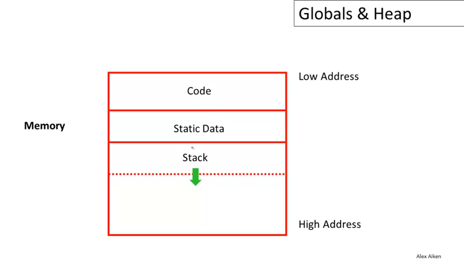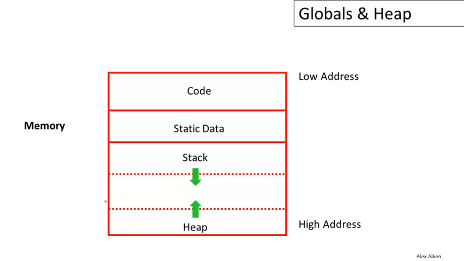So as the program runs, the stack will get bigger and smaller depending on how many procedures are currently running. And now the heap will start at the other end of memory and grow towards the low address. And so as we allocate objects, we'll be allocating from the back of memory or the end of the memory allocated to the program up towards the top of the stack.